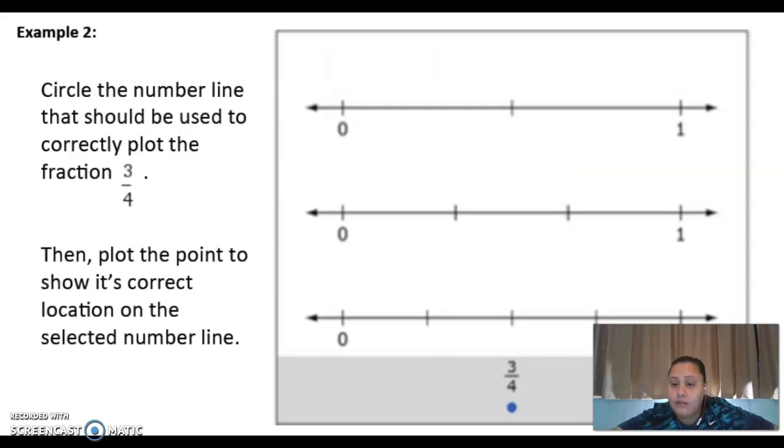Again, wholes are from one number to the next. So right now we're only dealing with 0 to 1. So this whole is cut into 2 parts. So this is halves. What are we looking for though? Well, if we go off the denominator, which is right here, we're looking for fourths, or 4 parts. So this is a no-no. No, this is not the number line we want to use.